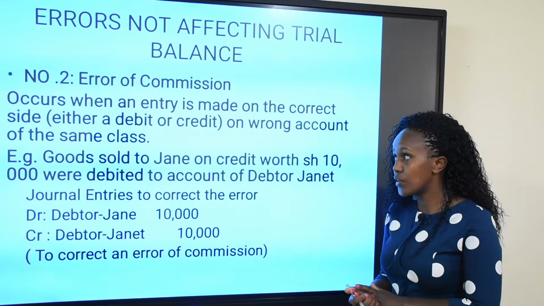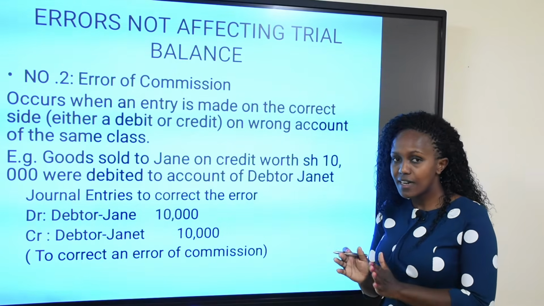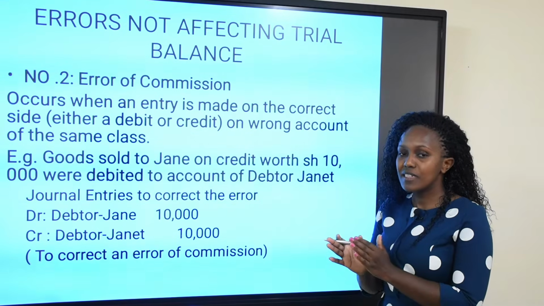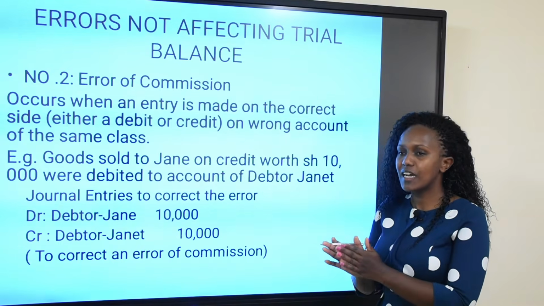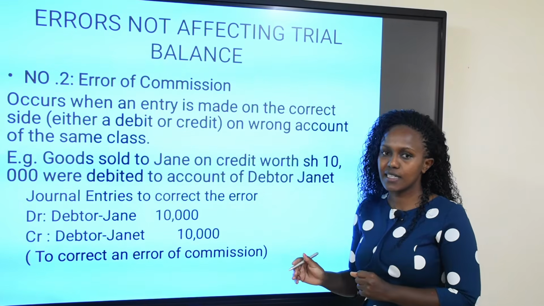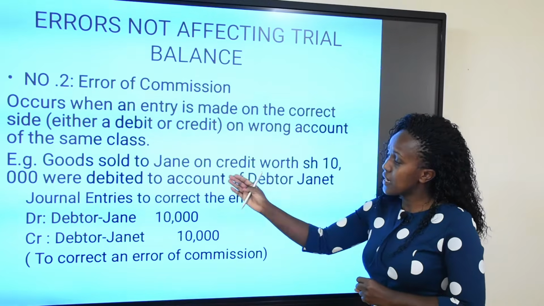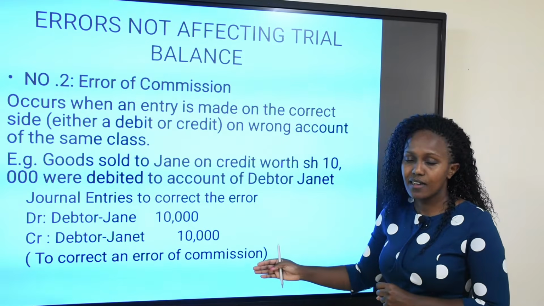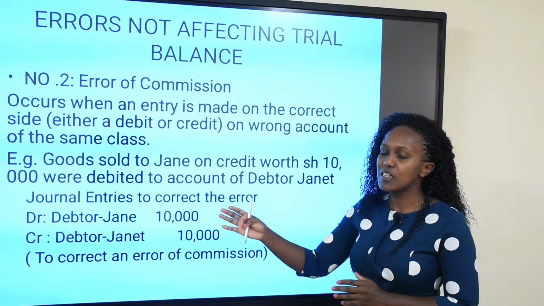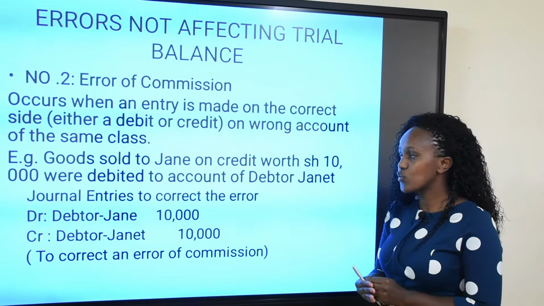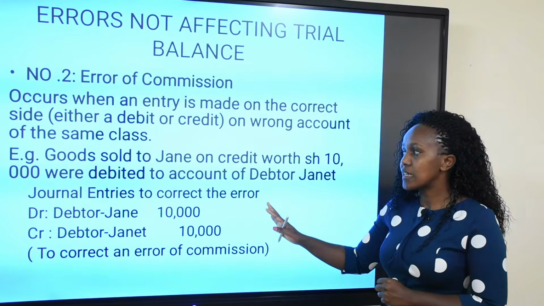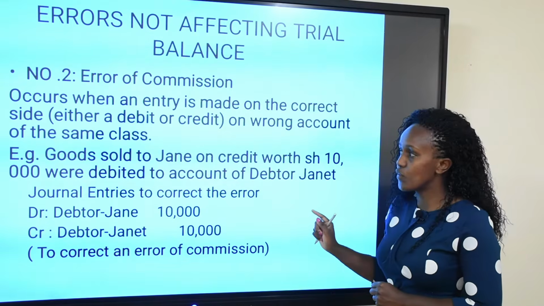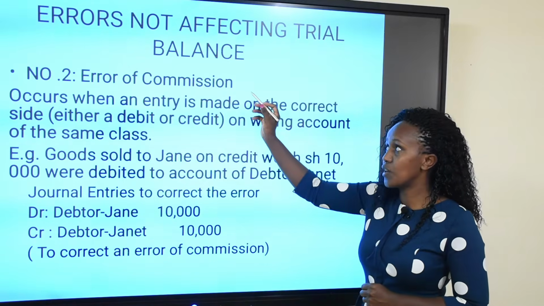It is simply where you record a transaction in the right side, but in the wrong account, but these accounts are of the same class. So I've given an example here with the debtors. The two accounts also could be creditors. The two accounts could also be assets. But the accounts have to be of the same class for it to be an error of commission.